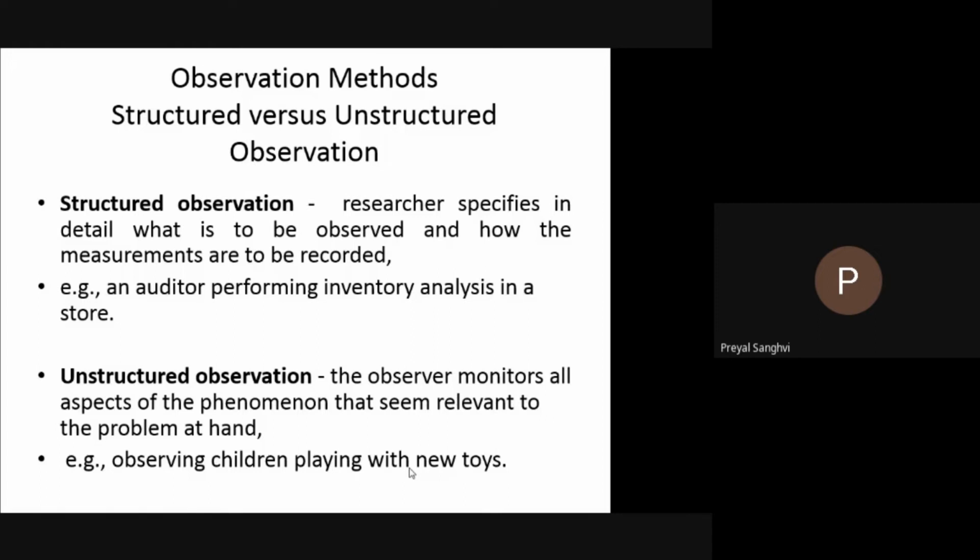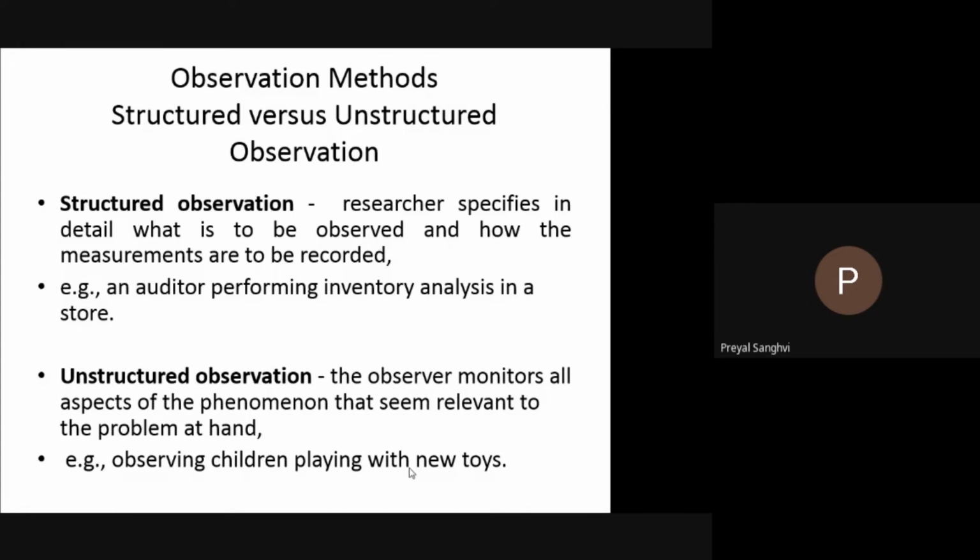For example, in an inventory count, the researcher knows they need to count how many Maggi packs are available in a retail store. So here the researcher is aware of what they need to observe. This comes under structured observation.